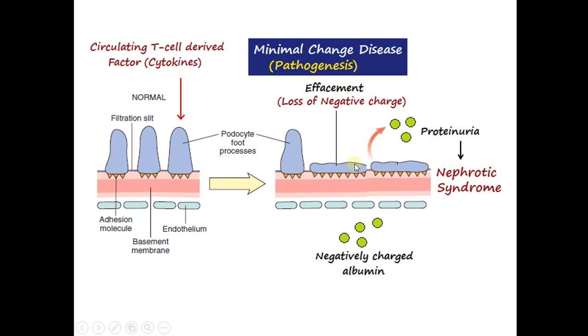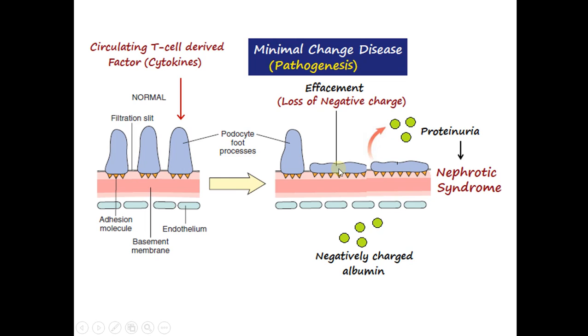So what happens is that the effacement of the foot processes of the podocytes results in loss of the negative charge. And we know that there are two barriers. One is the size barrier and the other is the charge barrier. So the podocytes and their foot processes are negatively charged, and normally they repel negatively charged proteins like albumin.